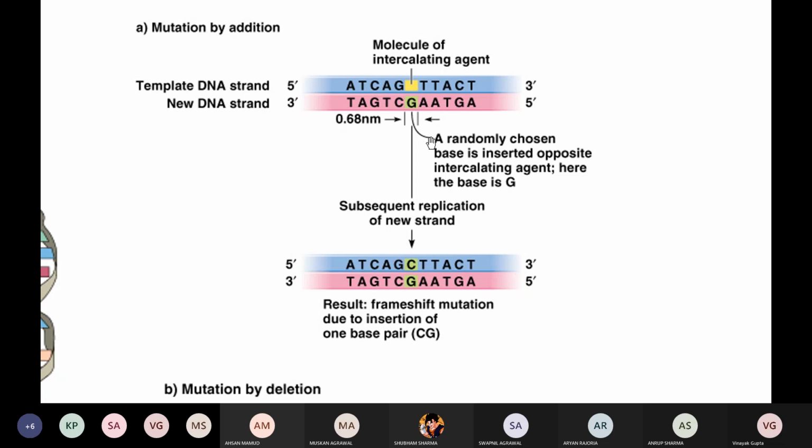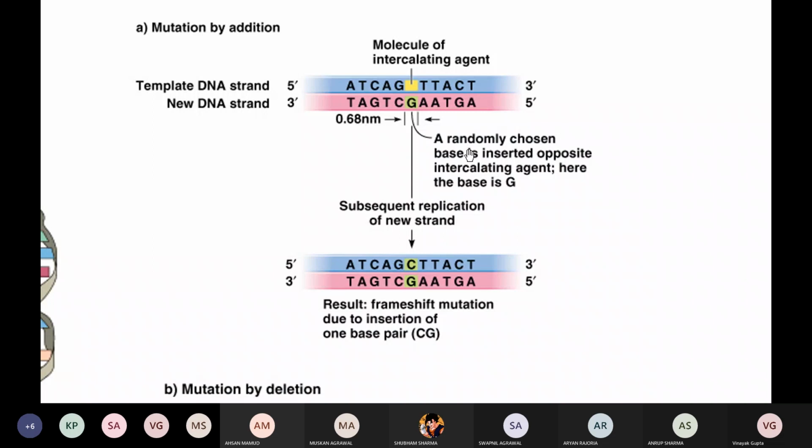And then you can see what is going to be the consequence of this in the next round of replication. Here again, this can be G, C, A, T, so anything. Accordingly, you will have a mutation in the next round of replication. If it was G, in the next round of replication you will get C opposite to that, right?